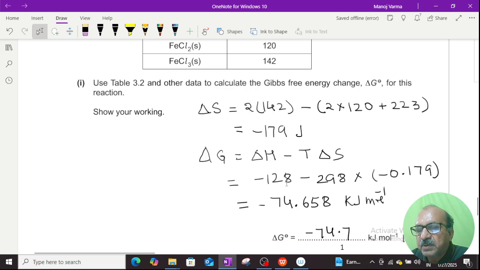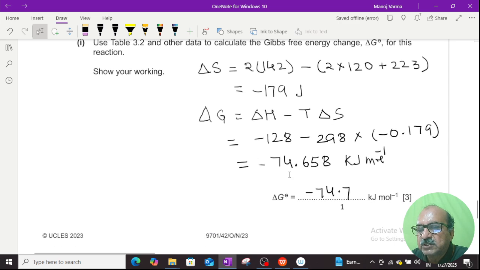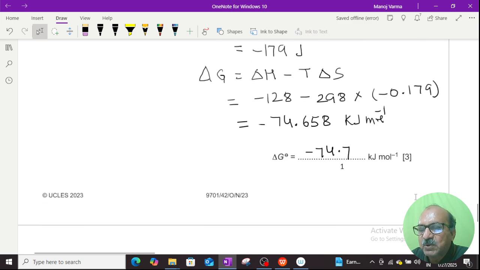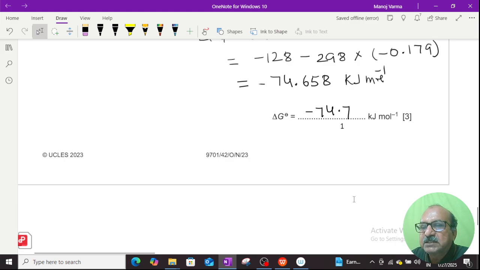Then after that, it's simply you put the values into the formula and solve it. You will get the answer in kilojoules per mole, which is minus 74.658, and writing in 3 SF it becomes minus 74.7 kilojoules per mole. So that's the answer, and I hope you understood the explanation and your concepts have been clarified.